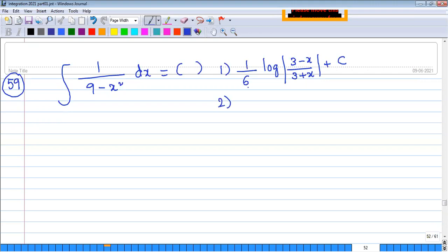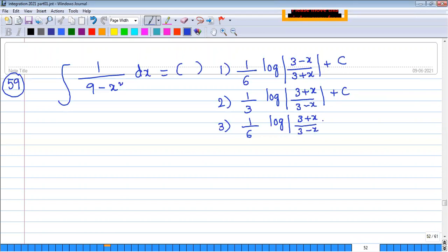Second, 1 upon 3 log mod 3 plus x upon 3 minus x plus c. Third one, 1 upon 6 log mod 3 plus x upon 3 minus x plus c.